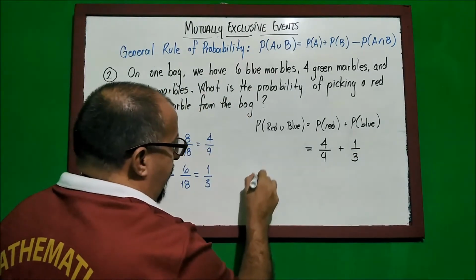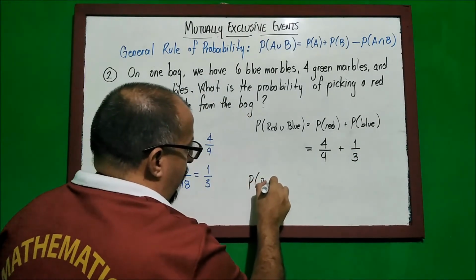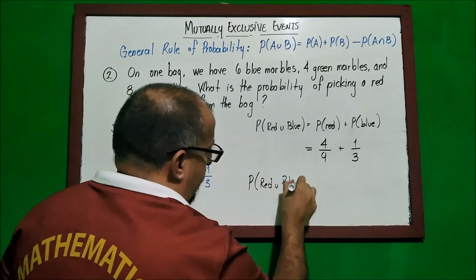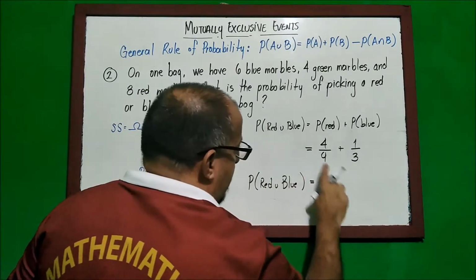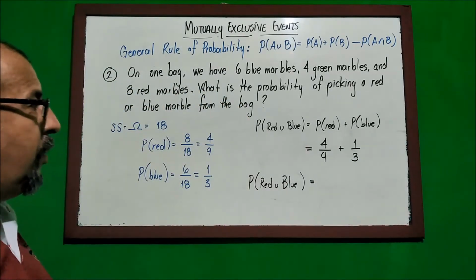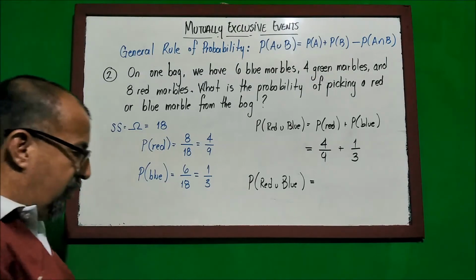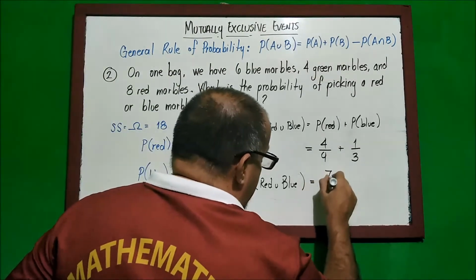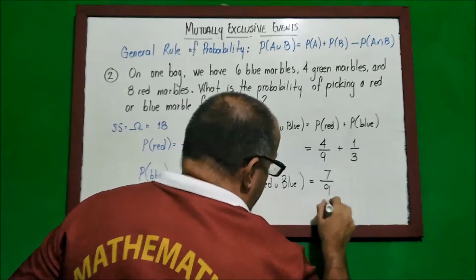And if you simplify that expression, look for the common denominator between 9 and 3. Then you do the combinations and you apply the process, and finally the answer will be 7 over 9.